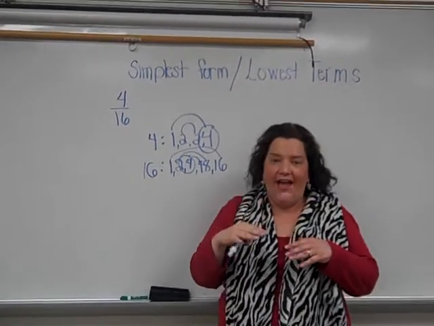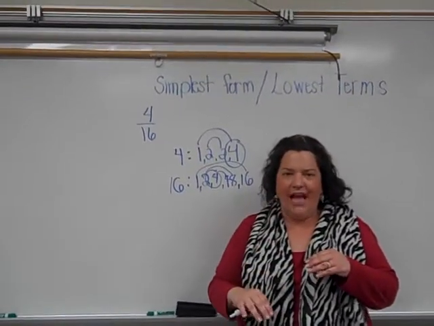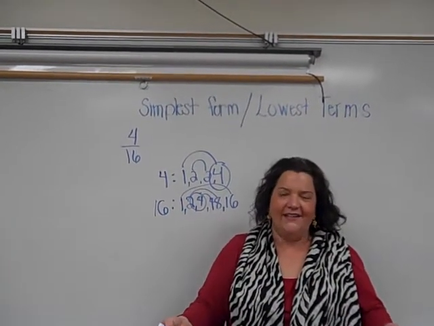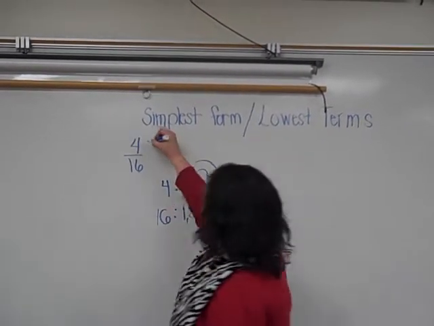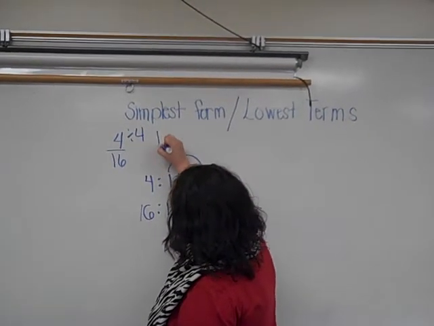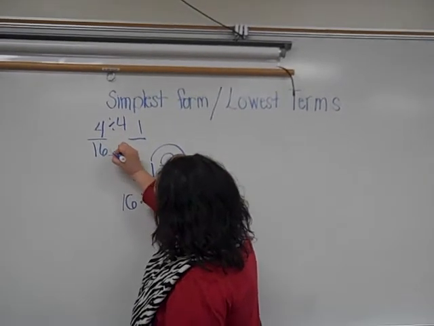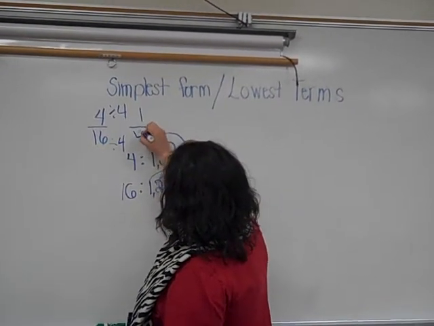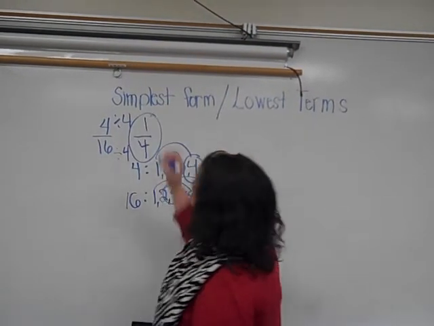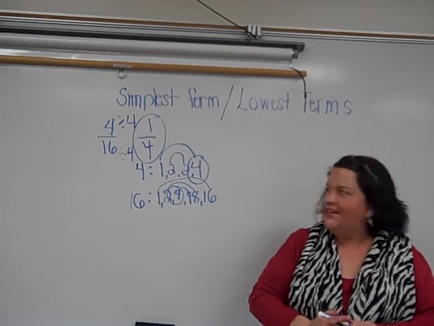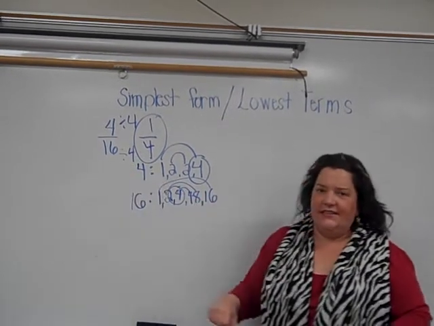So we're going to divide the numerator and denominator by its GCF, by its greatest common factor. 4 divided by 4 is 1. 16 divided by 4 is 4. So 1/4 would be the simplest form or lowest terms of 4/16.